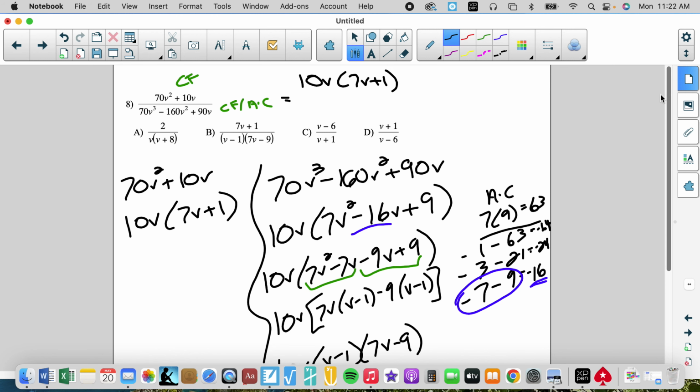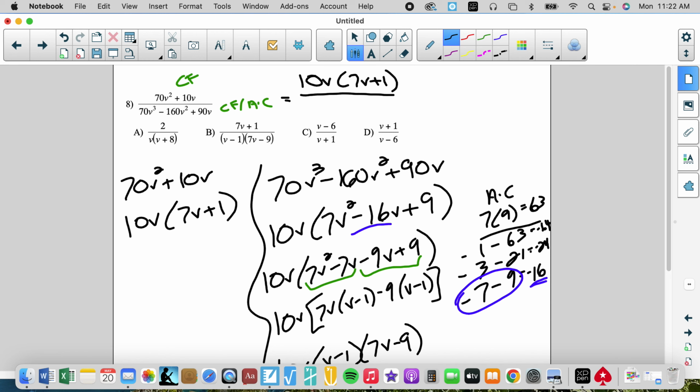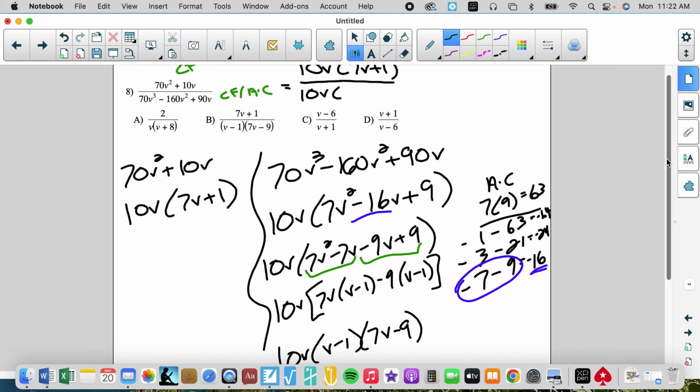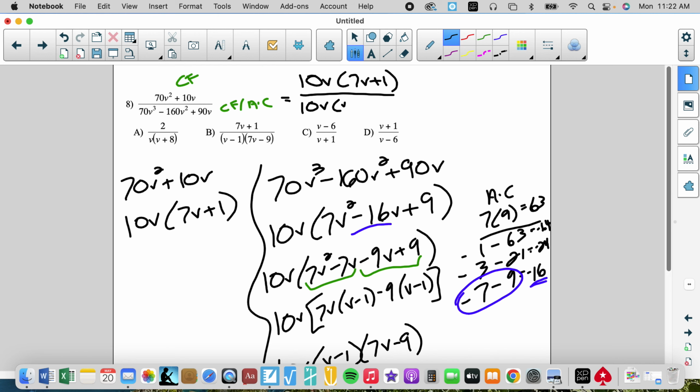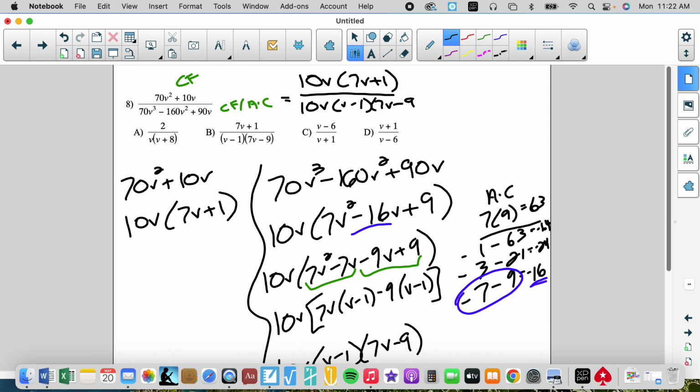Wow. There's not much that cancels here. So 10v times the quantity v minus 1 and 7v minus 9. What cancels? The 10v's cancel, and that's it. You're left with 7v plus 1 over v minus 1, 7v minus 9.